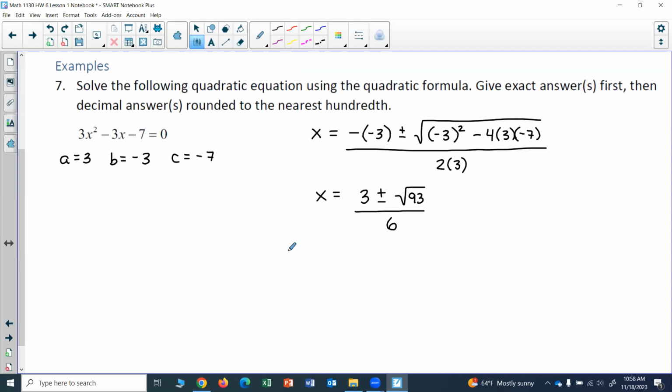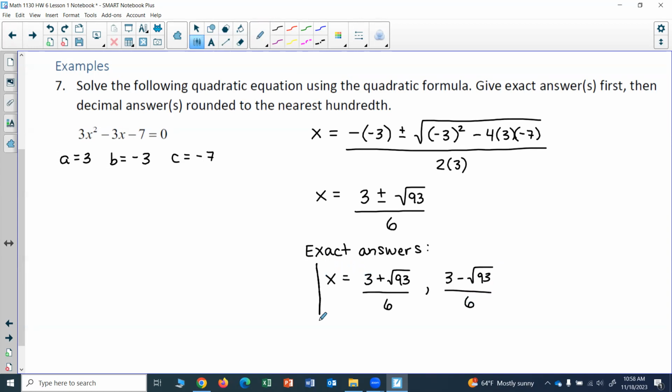So I could go ahead and write exact answers are going to be x equals 3 plus the square root of 93 all over 6, and 3 minus the square root of 93 all over 6. So those would be my exact answers.